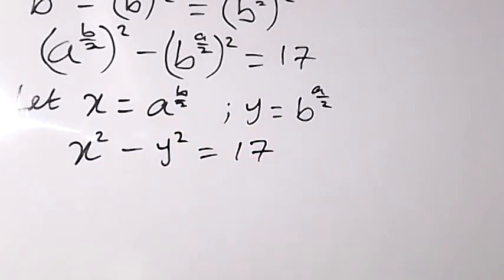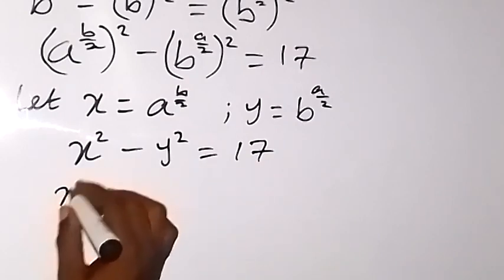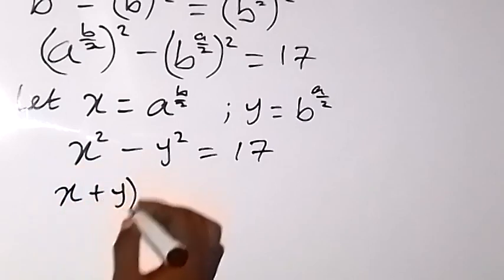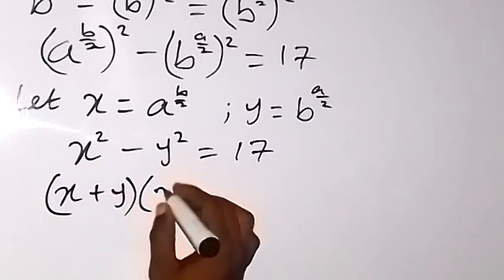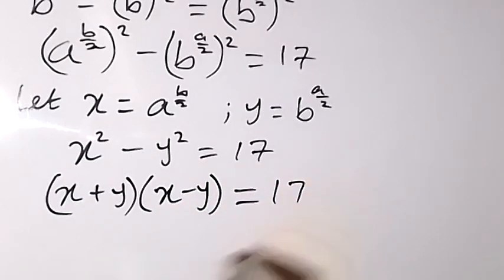And from there, we can see that here we have what is called difference of two squares. So we can factor it and say this will be x plus y multiplied by x minus y, which is equal to 17.